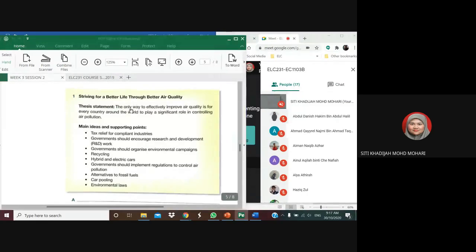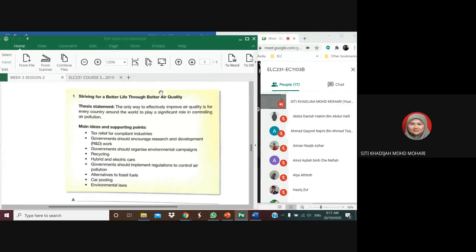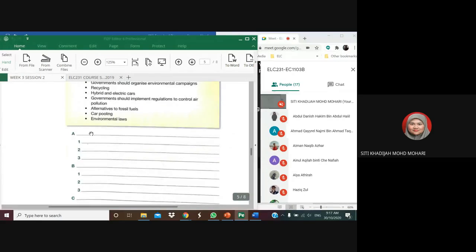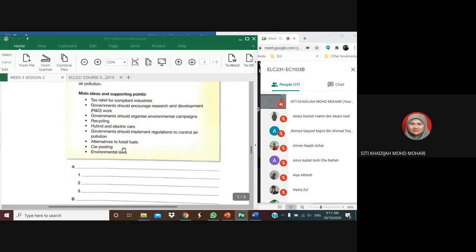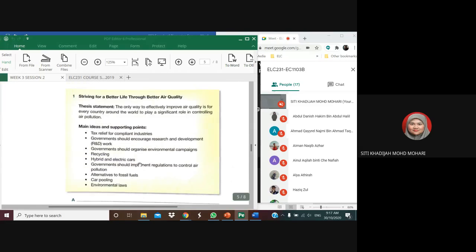Now we are going to look at the answers. Basically you have to categorize, putting them into the blank spaces, whether they are a topic sentence or supporting details.